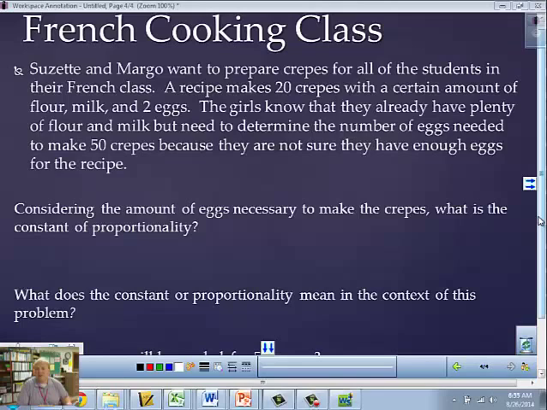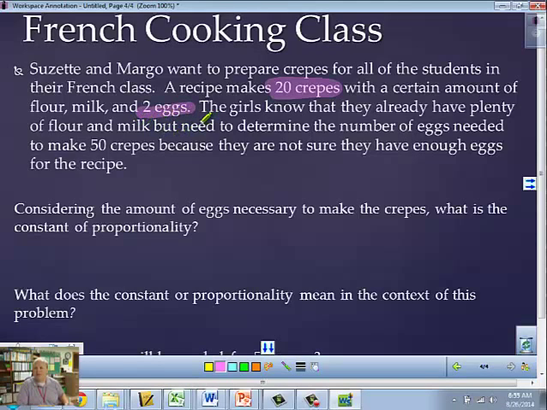If you go to the pancake house, they have crepes there. Now it says up here in my directions, let me get my highlighter out. It says that one recipe makes 20 crepes. Okay, and with that, it takes a certain amount of flour, milk, and 2 eggs.